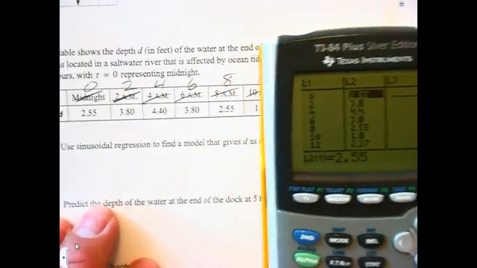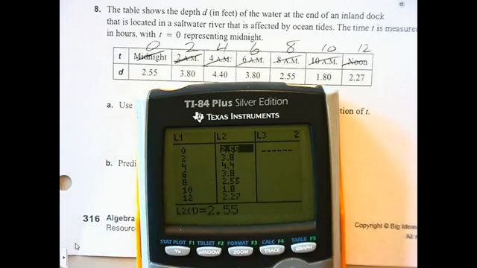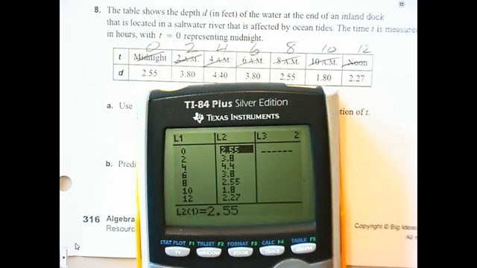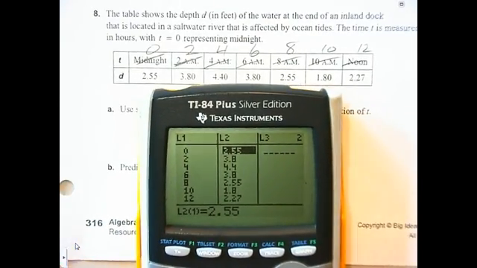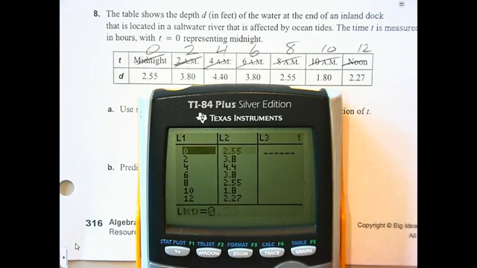Now, I already entered these earlier today, so I'm well ahead of the game. Stat, edit. Enter your lists. List 1 is my time. List 2 is my D.